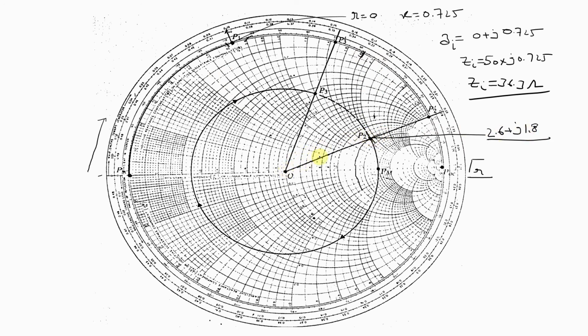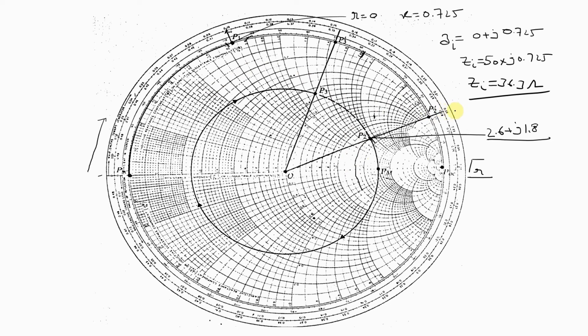Now join this with the origin and take a compass and make a circle. As this circle is drawn, now extend this point towards the wavelength scale. Now again, since the load impedance is given, we have to go towards the generator.